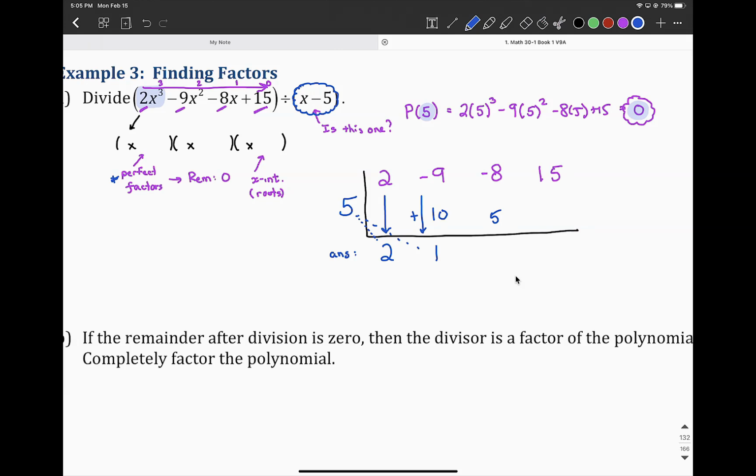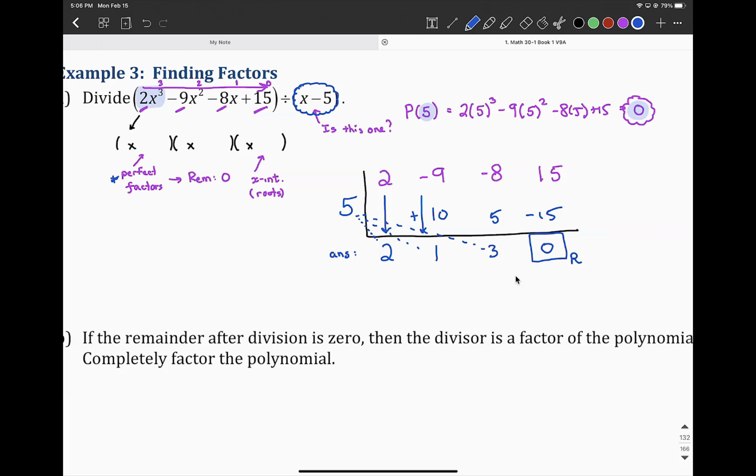Multiplies, adds, multiplies, adds. And as promised, the last number we get in our division is always called our remainder.